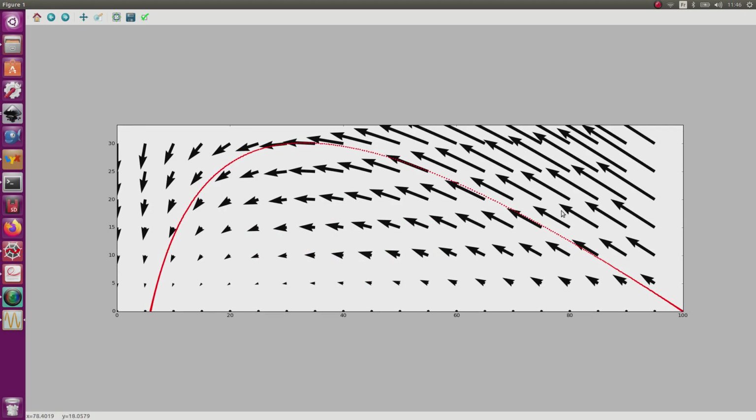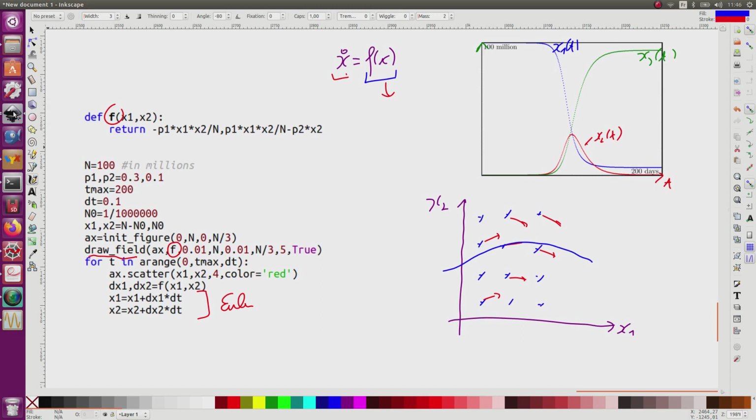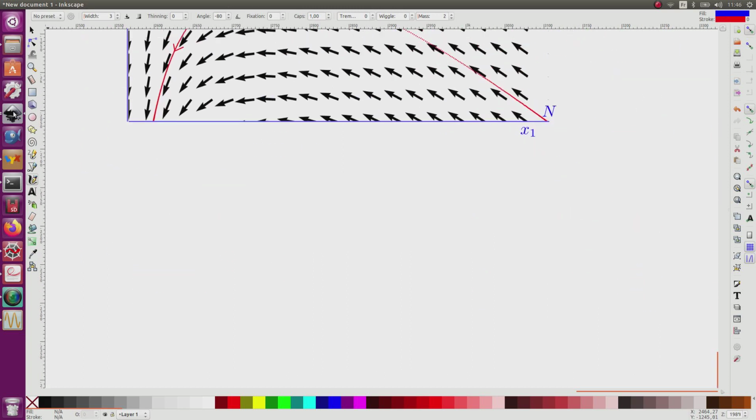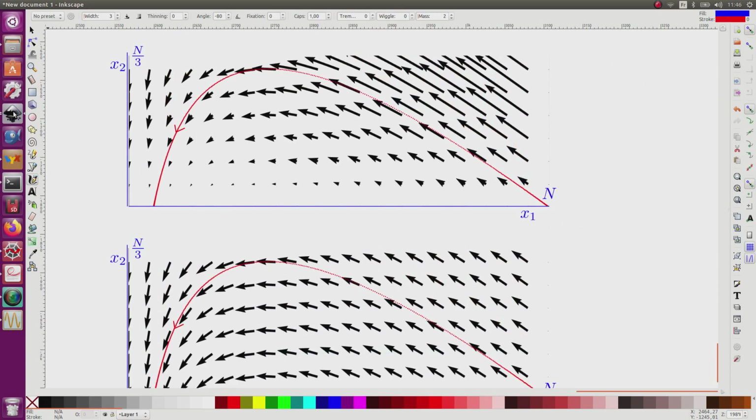So I can see that the evolution is quicker when the arrows are longer. So this is my vector field. And the trajectory is painted red.